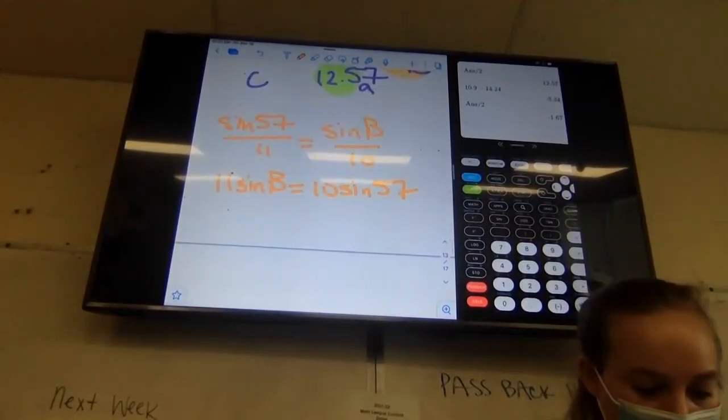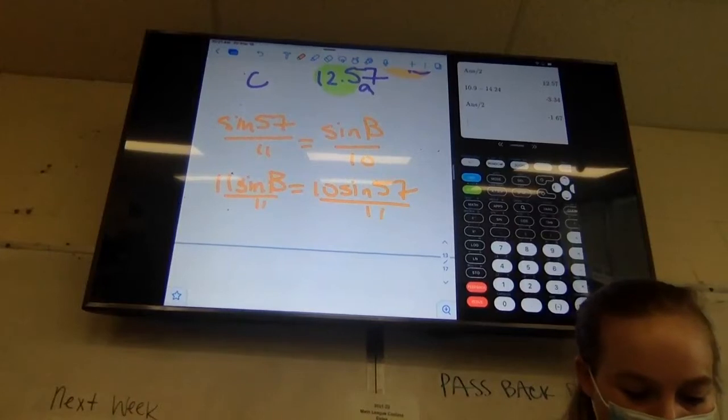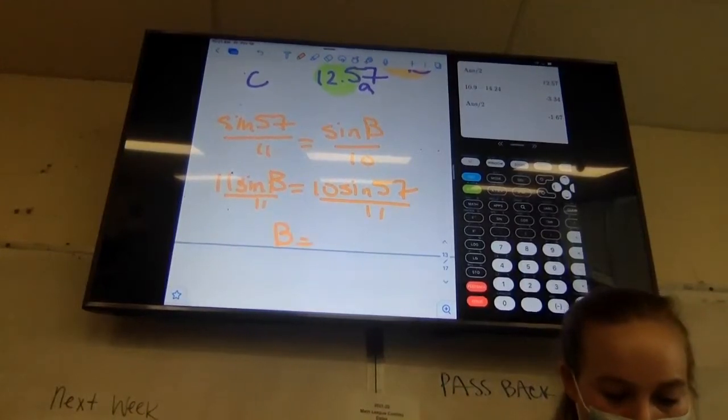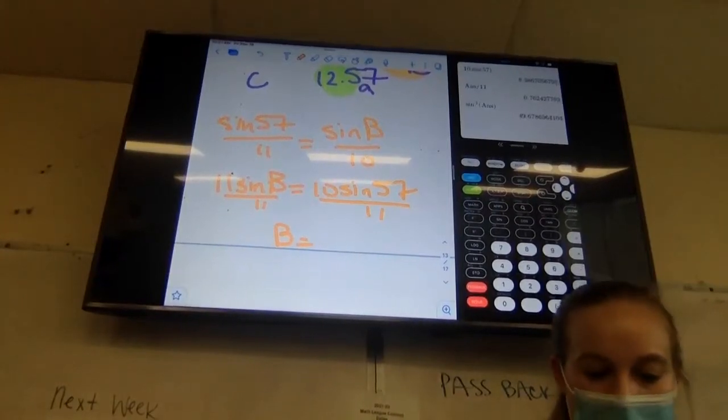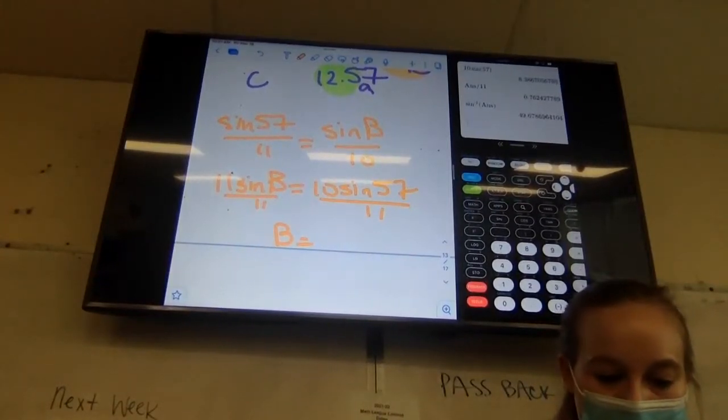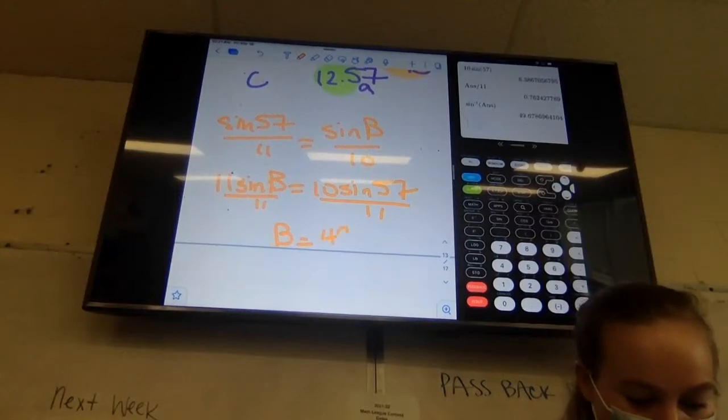I'm going to divide by 11 and then I'll do inverse sine. So 10 sine 57 divided by 11, and then inverse sine of that is going to be 49.6 or 49.7. 49.7 is the best answer.